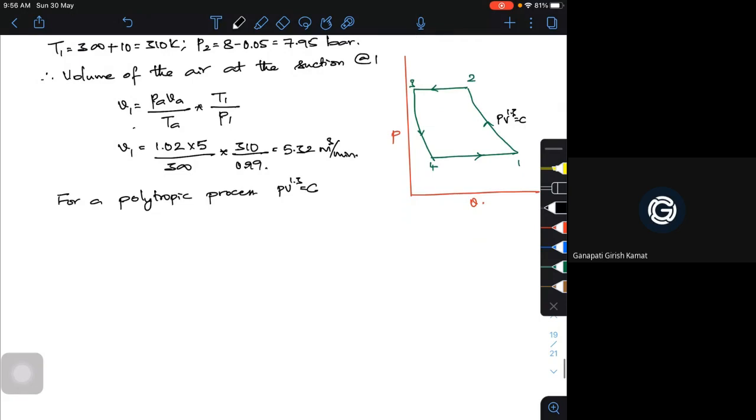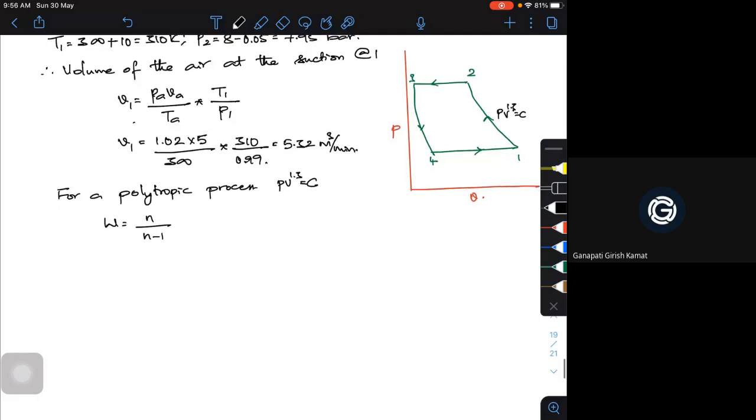The work of compression is given by W equals N by N minus 1 into P1 into V1 into P2 by P1 whole to the power of N minus 1 by N, minus 1. This is for a single stage, single acting compression.